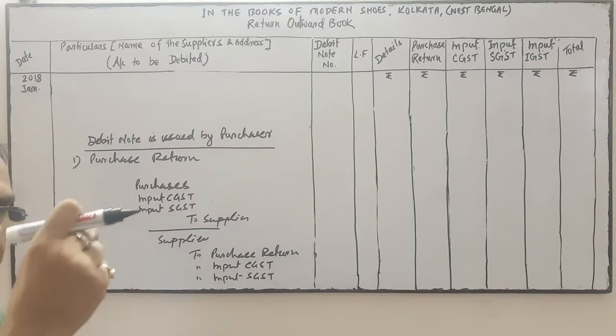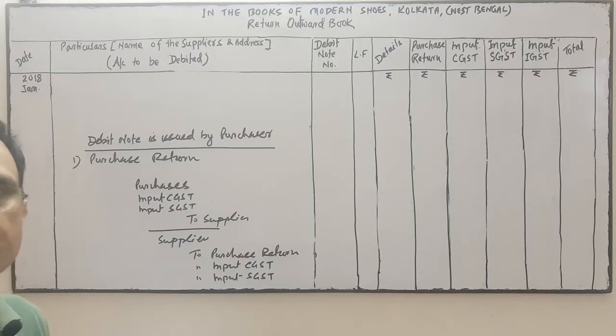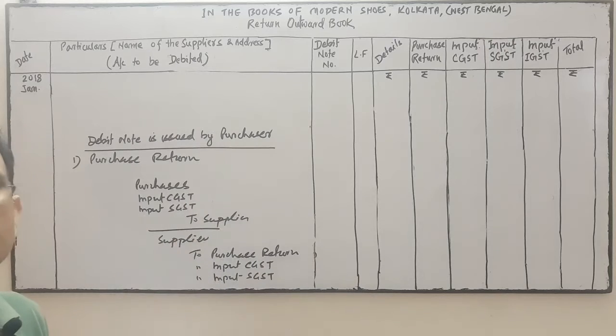This debit note indicates that your account, meaning the supplier's account, is debited in our books of account. This is also drawn in triplicate or duplicate form. The original copy will be given to the supplier and the duplicate copy will be retained and used as a source document to record the entry.